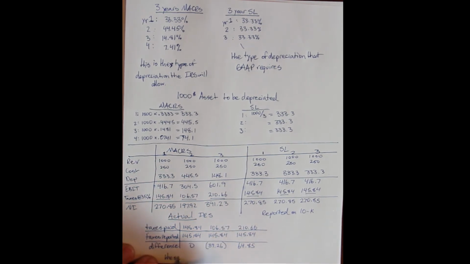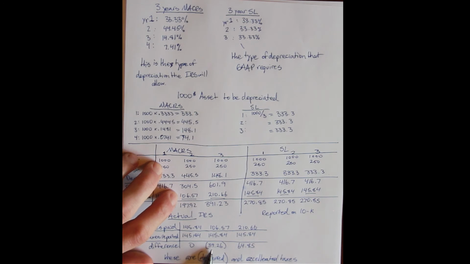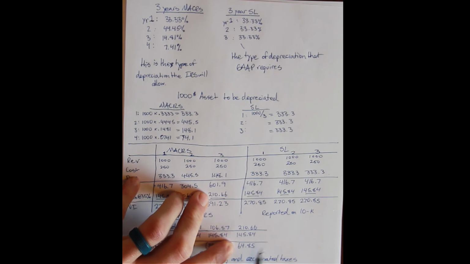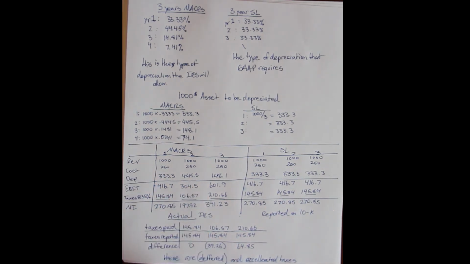And these are what we call deferred and accelerated taxes. So these are taxes that I defer, right? I defer $39.86 to a following year. And these are taxes that I've accelerated. I paid $210, I report that. I've accelerated these taxes from a later year and paid them sooner.